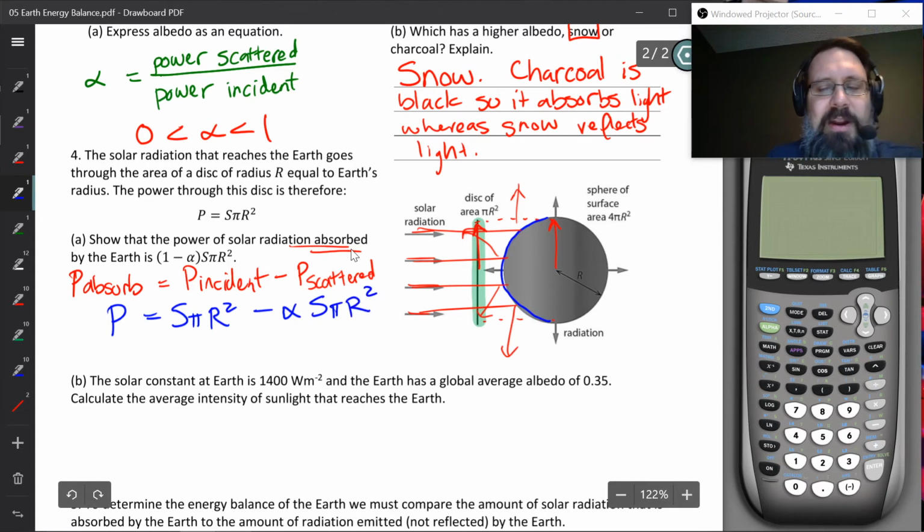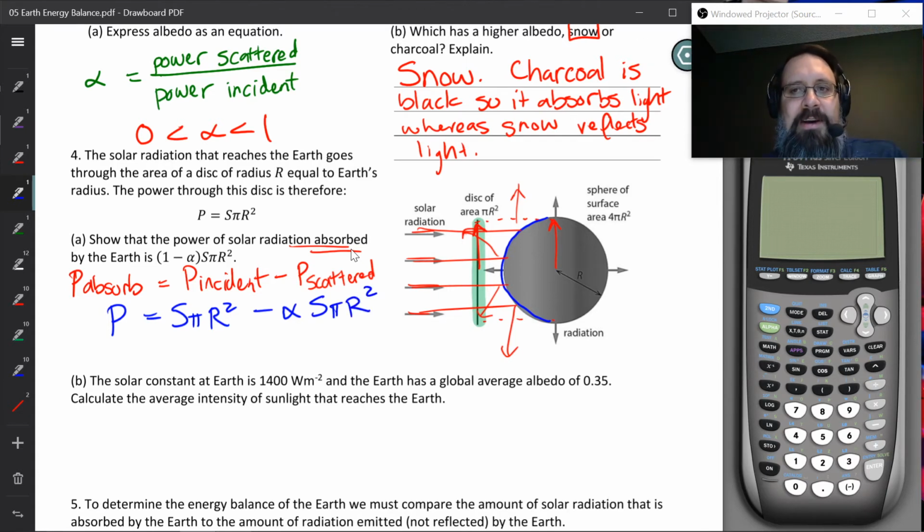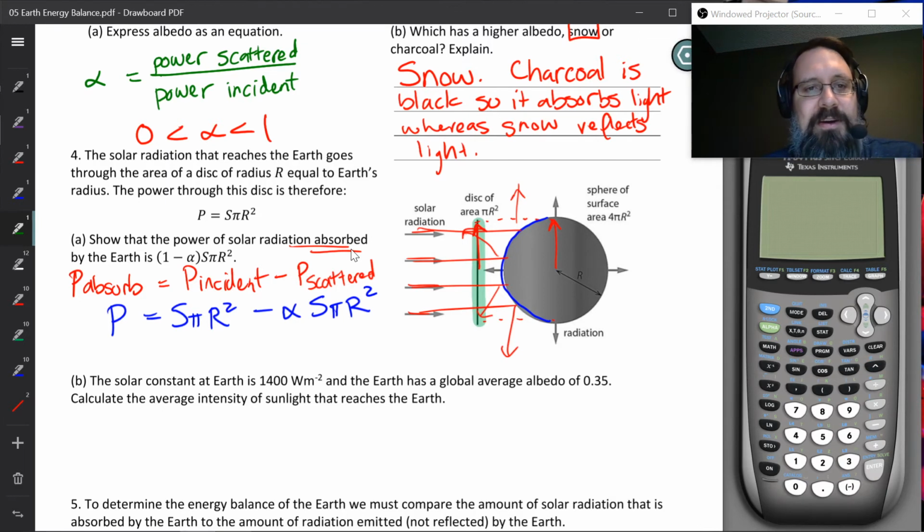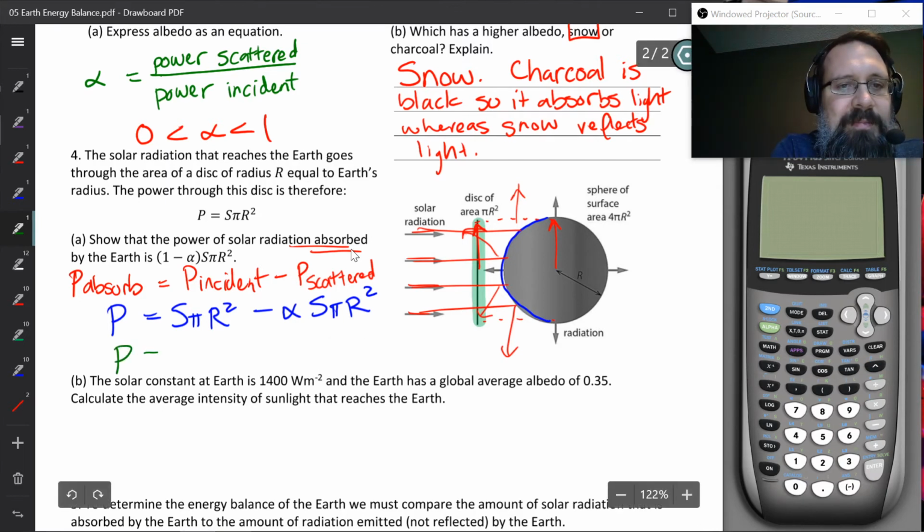So S pi r squared is the amount incident on the Earth, and a certain percentage of that is going to get scattered off the Earth. So we just take the incident minus the percent that gets scattered. And then if you factor out the S pi r squared, we get the expression up above: (1 minus alpha) S pi r squared.